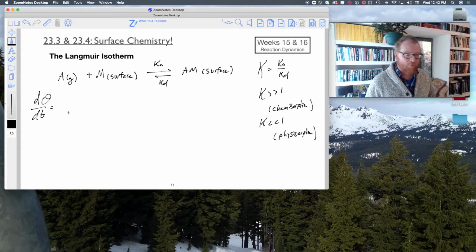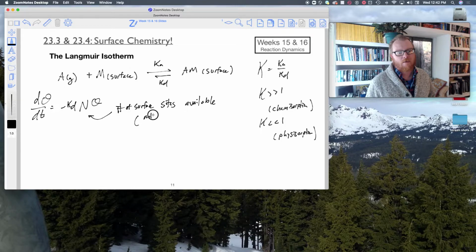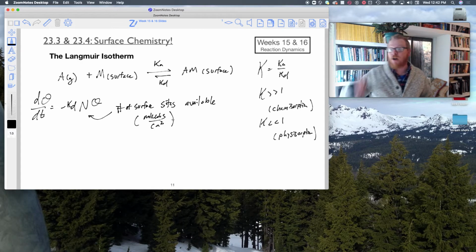That's going to be negative kd times n times theta, where n is the actual number of surface sites available in molecules per square centimeter, because this is a surface, right? It's not a volume. And so n times theta gives us the weighted availability of surface sites, okay?